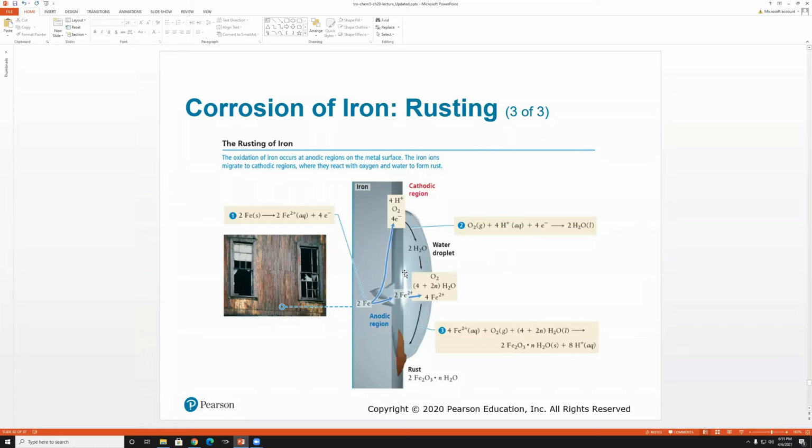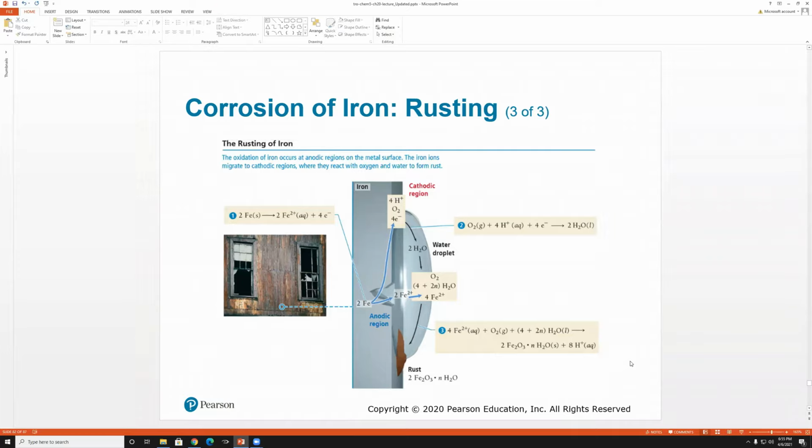But if you have prolonged exposure of iron to water, let's say rain and the elements, the iron will be oxidized to iron oxide. And then the iron oxide will become aqueous, and it will be stripped away from the solid iron. And it will leave behind this rust, which is the iron oxide, hydrated with water.